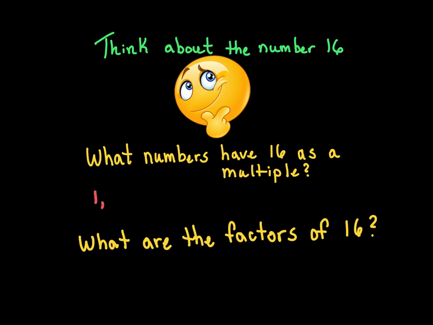You could do 2 times 8 gives you 16. 4 times 4 gives you 16. These are all the numbers that have the multiple of 16. Well, what are the factors of 16? The same thing. The multiples of these numbers are also the factors.